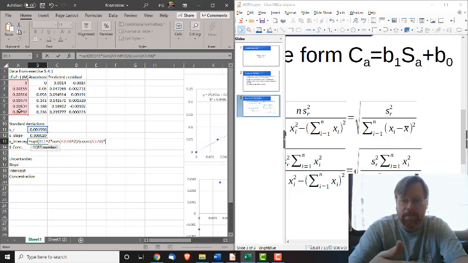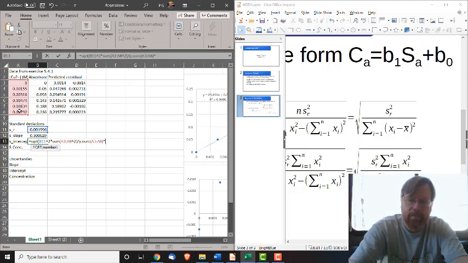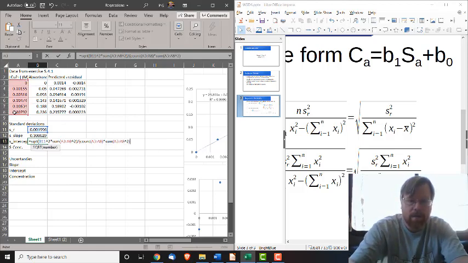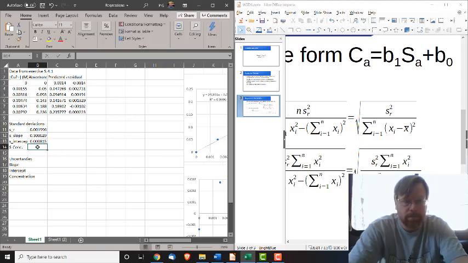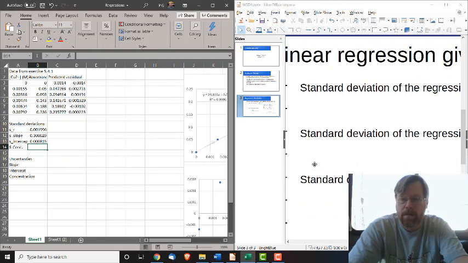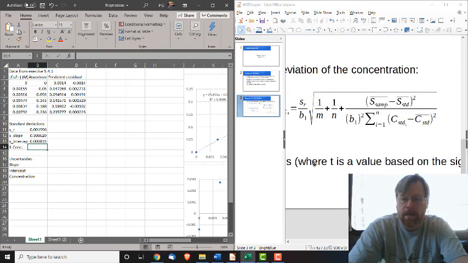It works either way, it's just that this matches my thinking more closely. There we go. Close the division, close the square root. Go. Okay, and there we go for the concentration. We have that one.